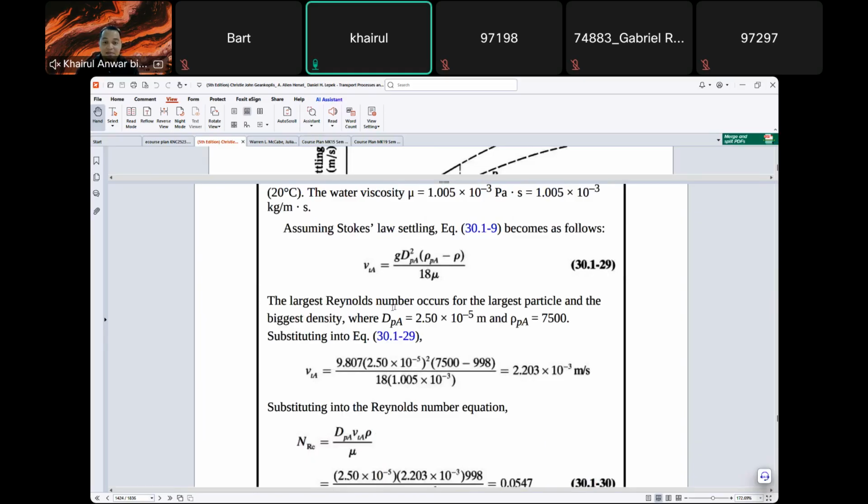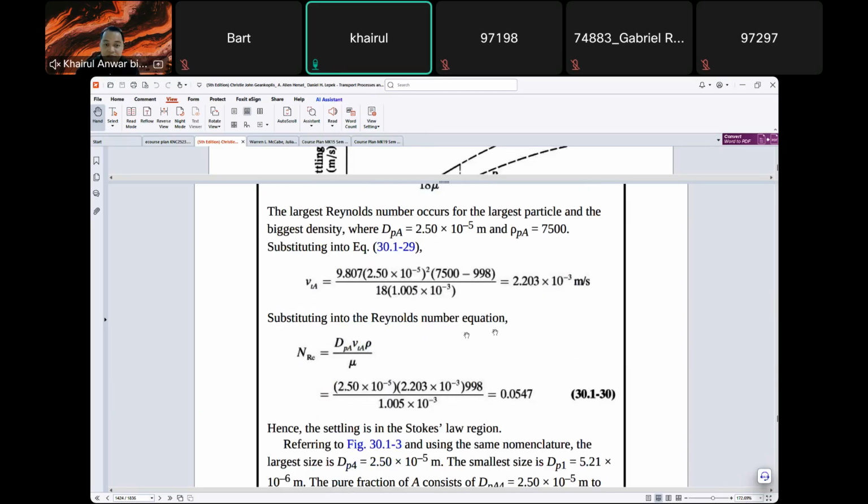The largest velocity occurs for the largest particle and the biggest density, where dp A is the galena. Substituting into equation 30.1-29, we get 2.203 times 10 to the power of -3 meter per second.